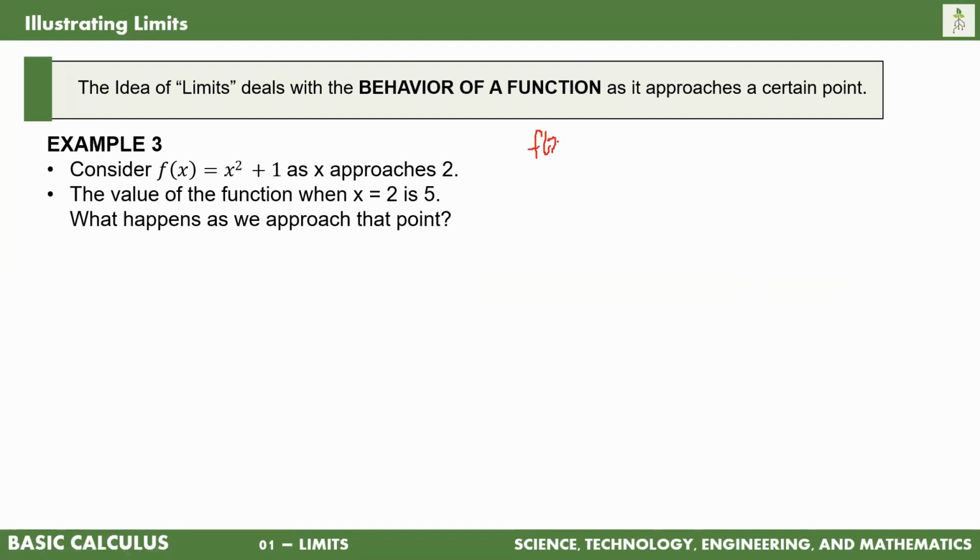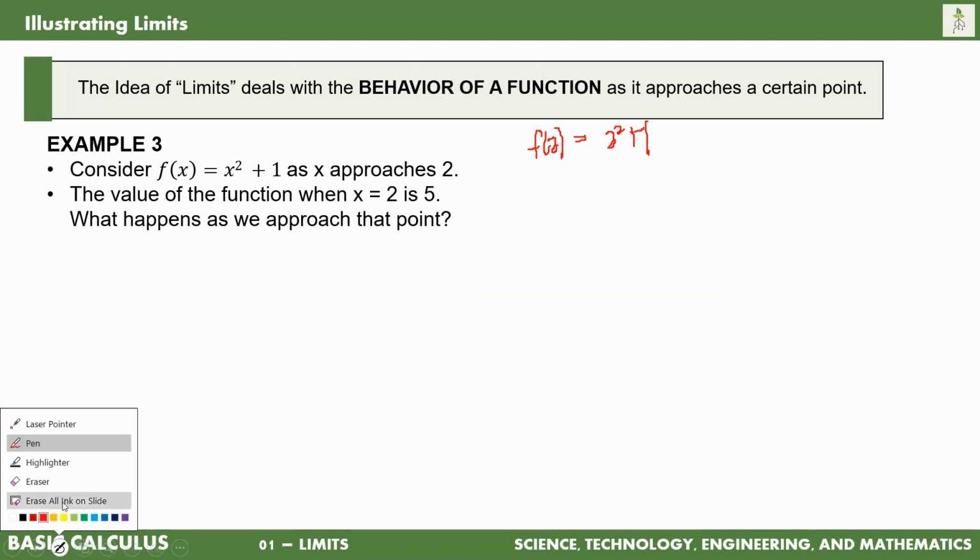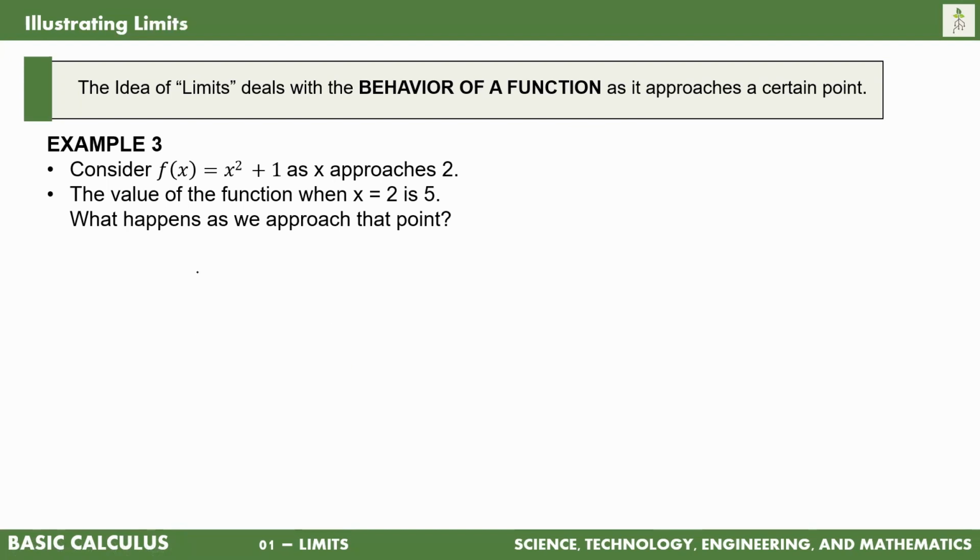So, f of 2 is equal to 2 squared plus 1, so that's just 5. Ngayon, yan yung value ng function sa 2. Again, pag limits, behavior lang. So what happens around that point? Let's consider the table of values.